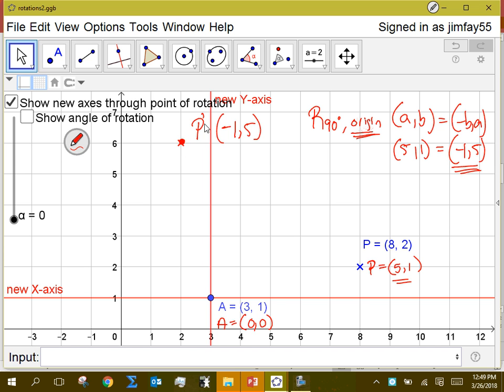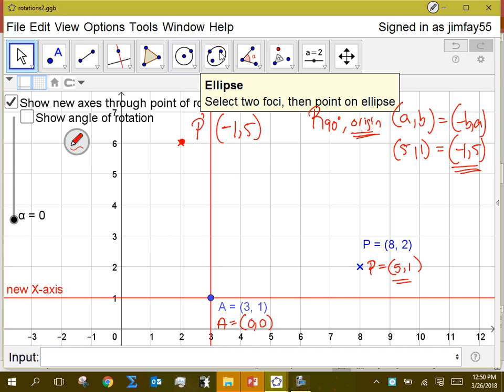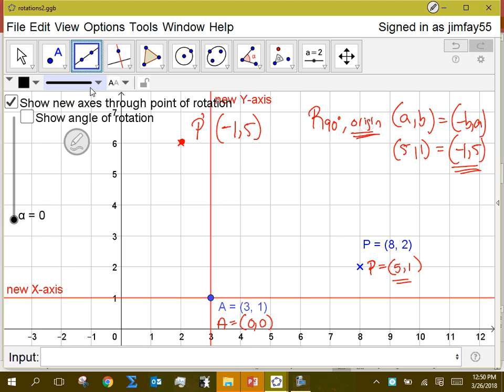Okay, so plot that point there off of this origin 0, 0.